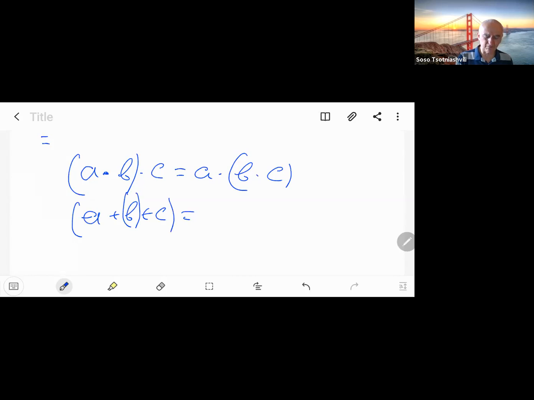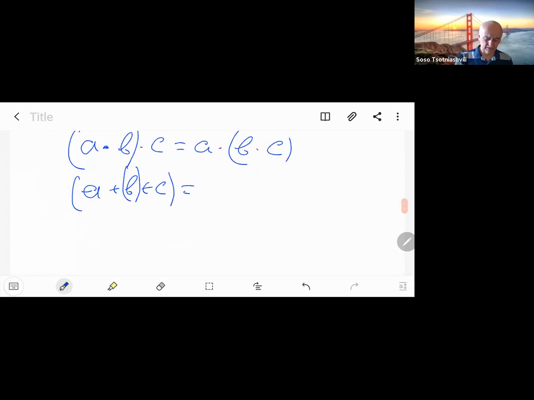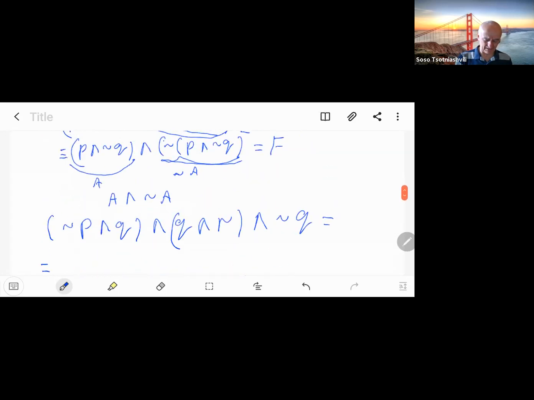So when we have the same logical operators, it's an easier case. The associative law is less complicated than the distributive law; we just need to put parentheses around some parts.